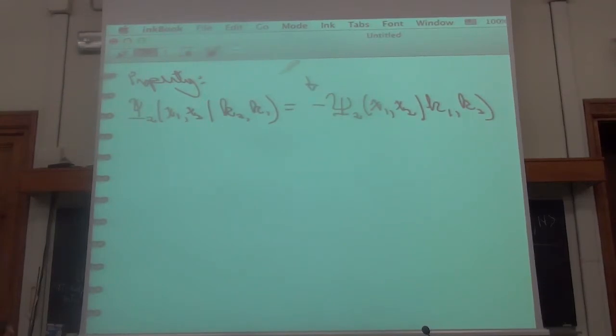So there's like a Pauli principle at work here, in the sense that immediately we notice that if we try to give the same quasi-momentum to the particles, the wave function vanishes. It's not a normalizable object anymore. So two particles cannot have the same momentum. You fail to solve the Schrödinger equation when that's the case. You get a non-normalizable wave function.